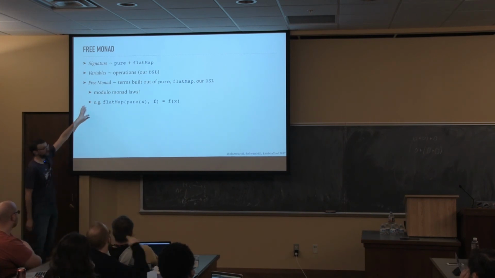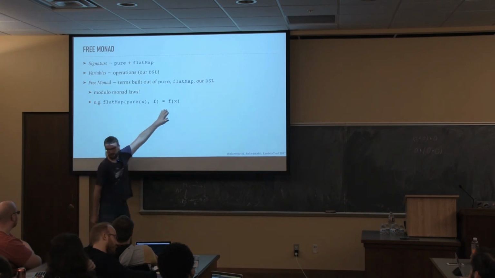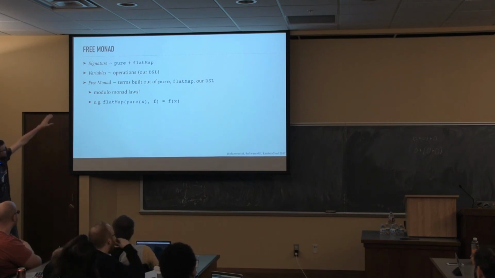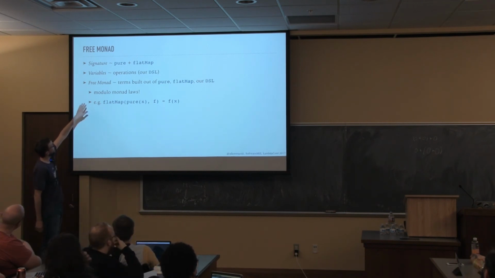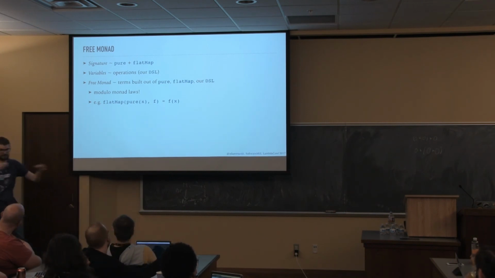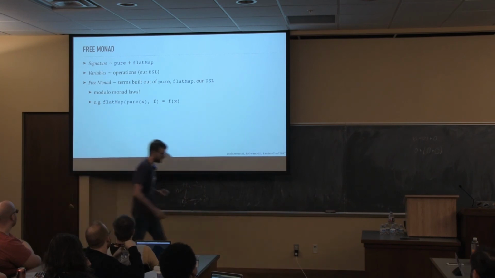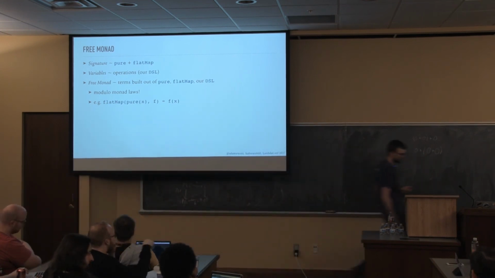However, we have to take into consideration the monad laws. So that's an equation, right? That the free monad has to satisfy. So in fact, the free monad won't be just pure terms. It will be these sets of terms, right? Which are equivalent with respect to the monad laws.